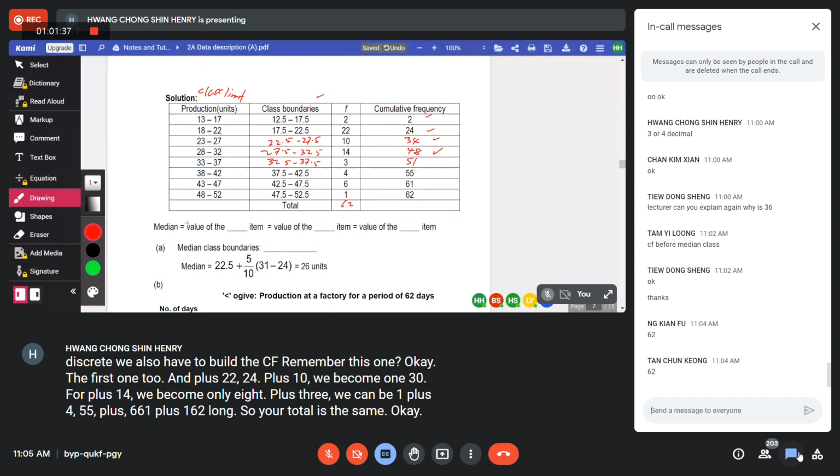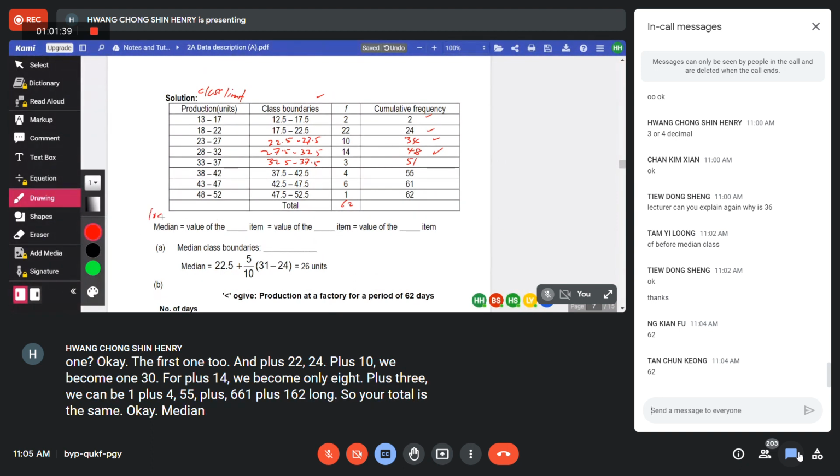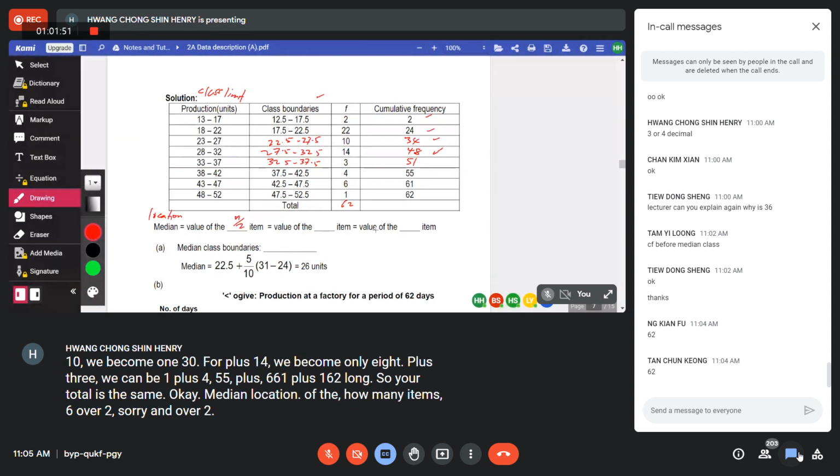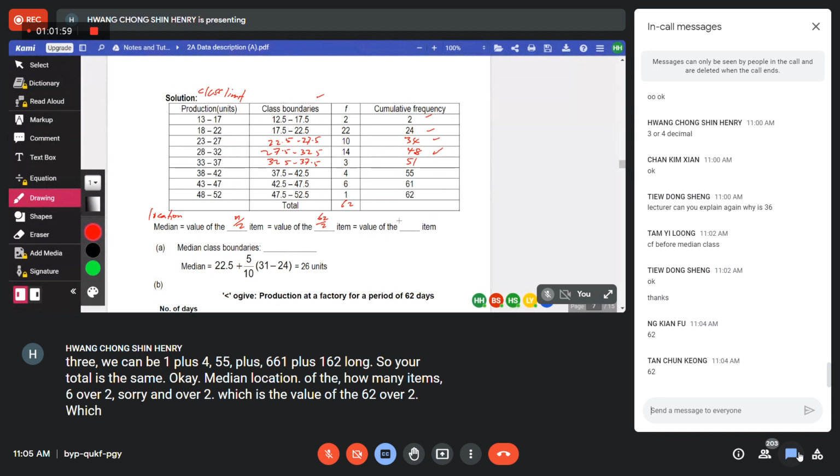Okay, median location of how many items? n over 2, which is 62 over 2, which is 31.